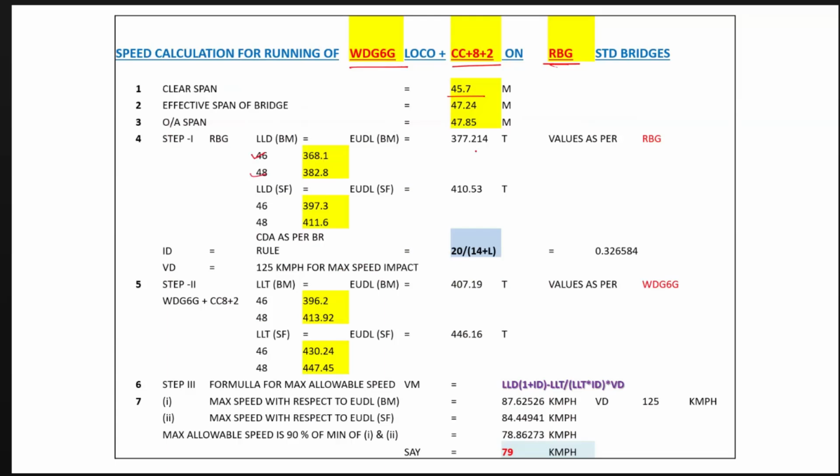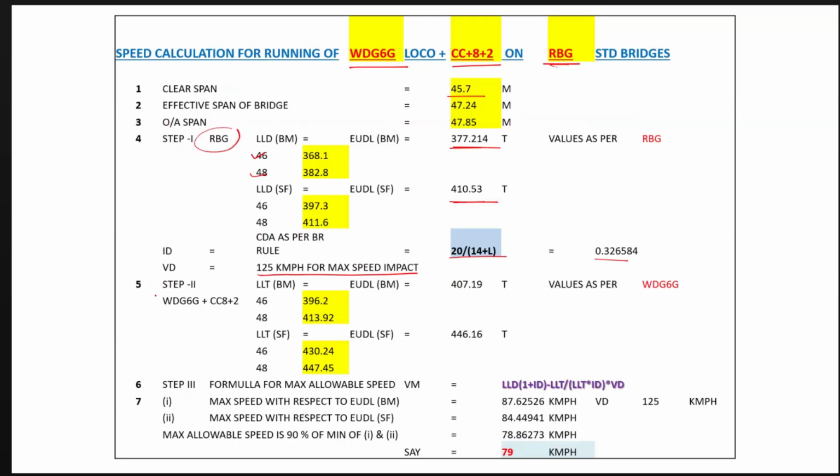By interpolating that value, we calculate the UDL for bending moment, and similarly the UDL for shear force. And our CDA we calculate as per the formula for RBG, which is 20 by 14 plus L. And VD, the maximum design speed, we take as 125 in all the cases. This is for our RBG loading.